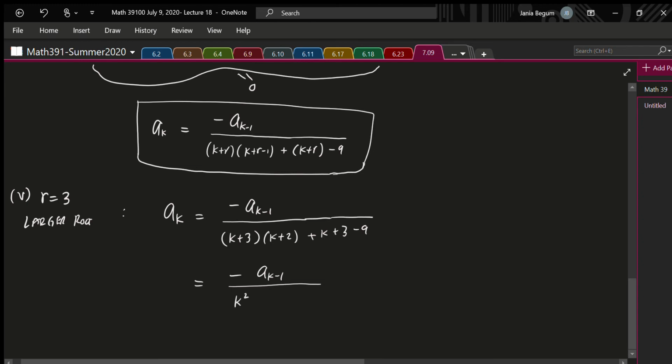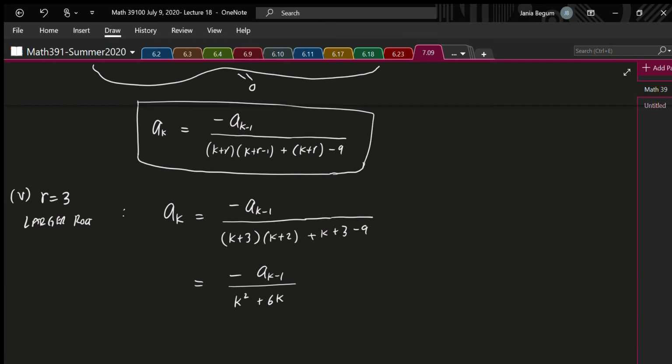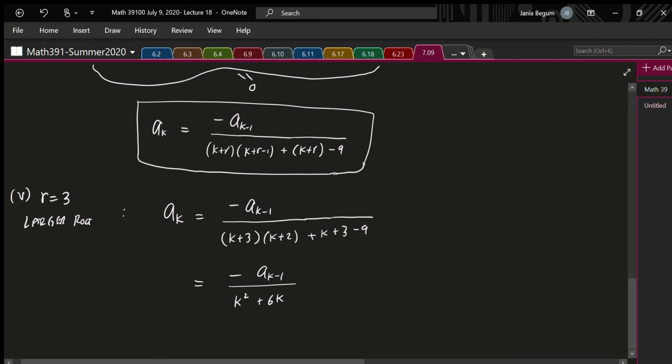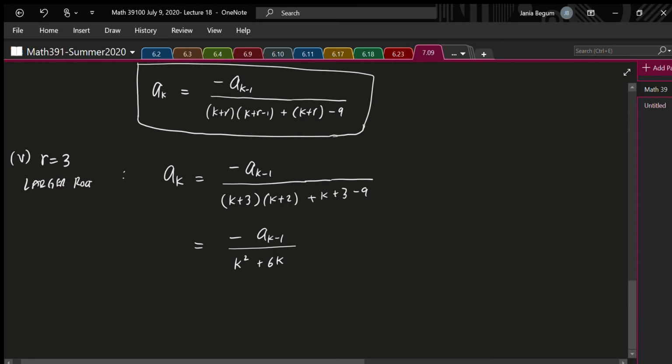We have k squared, 2k, 3k, that's 5k, plus 1k, that's 6k, and then 3 times 2, that's 6, and plus 3, that's 9, minus 9. So they cancel out. So this is the simplified recurrence relation for r equals 3. And now here I can simplify a little bit more so that computing the coefficient is simpler. So we can say a sub k will simply be negative a sub k minus 1 over k times k plus 6. So that's pretty simplified.